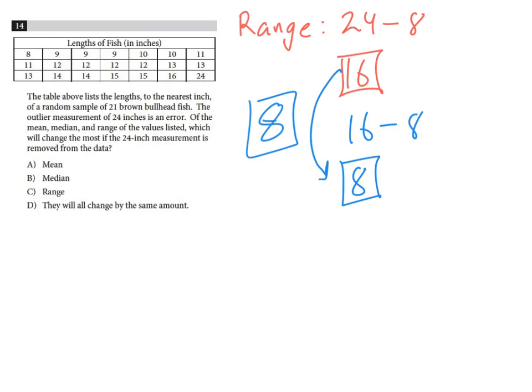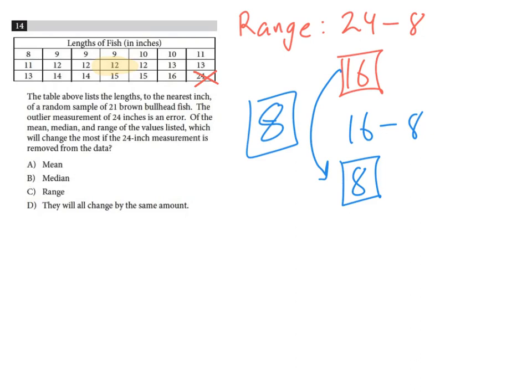Okay, so now let's take a look at the median. Well, the median value is just going to be in the middle. So it's got to be somewhere around 12. Now, if we take out 24, well, then the median value might go down.